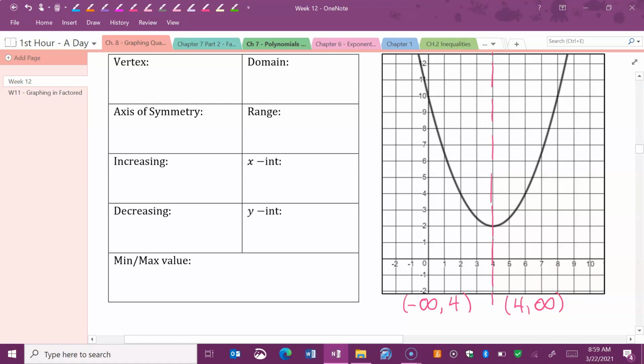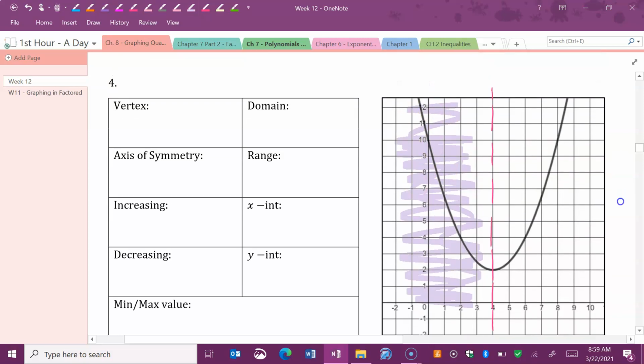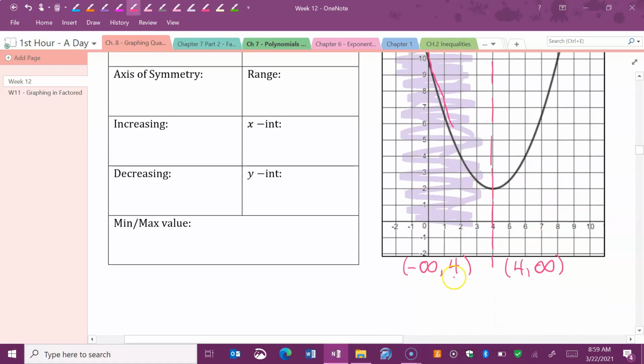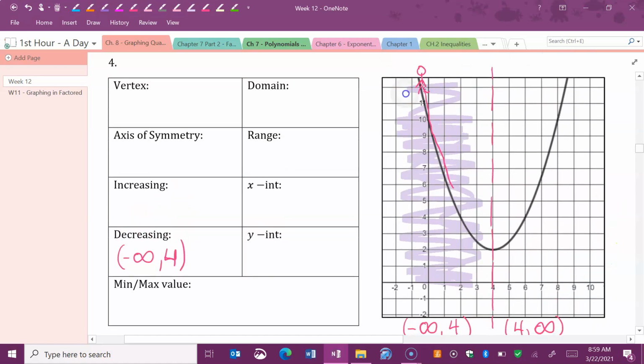Okay, and then I'm going to ask myself, what is this side of the graph doing? So if I go put a little guy on the left side of the graph, he is going down. So this interval, -infinity to 4, is decreasing. Down, down, down, down. Then when I get here at 4, I start going up.